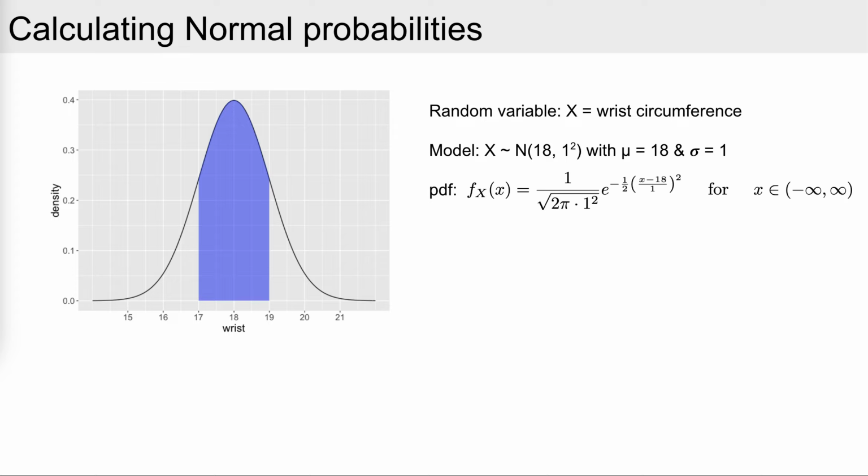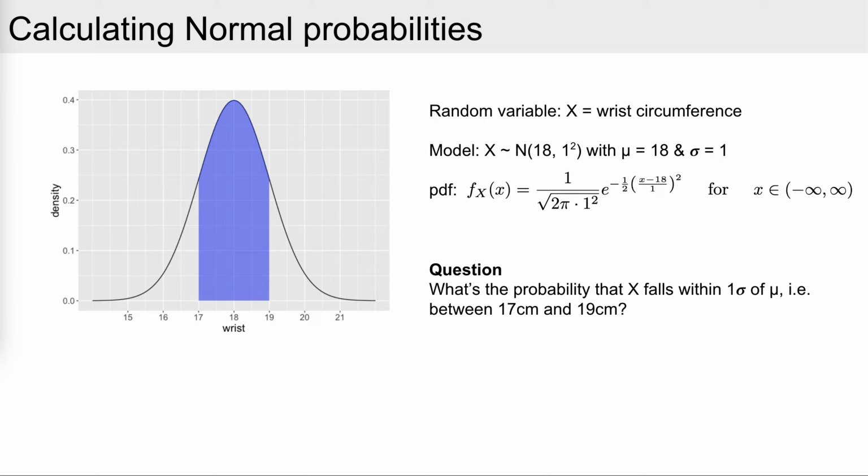The corresponding PDF with the formula here is plotted at left. Notice that the x-axis is marked in increments of 1 centimeter, the standard deviation of wrist circumferences. As indicated by the shaded area, our question is this: what's the probability that a person's wrist circumference is within 1 standard deviation of the mean? That is, between 17 and 19 centimeters.